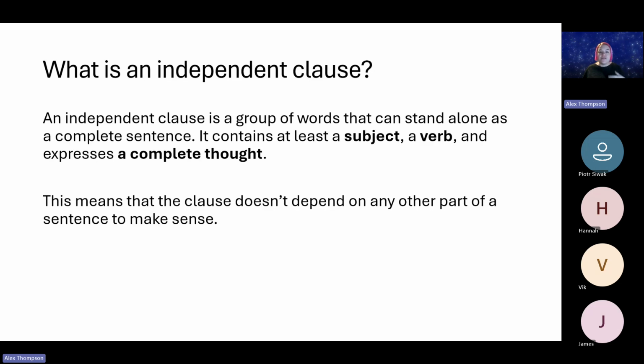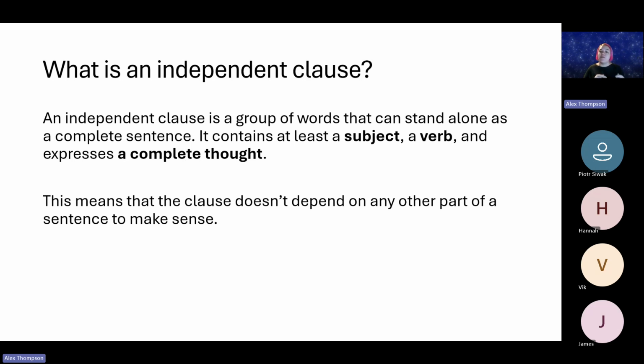Here we go. An independent clause: a group of words that stand alone as a complete sentence, usually containing a subject, we know that, and a verb, a doing word. That's what we were looking at as being the predicate. And it expresses a complete thought. This means that the clause, the bit that we're writing, doesn't depend on anything else.